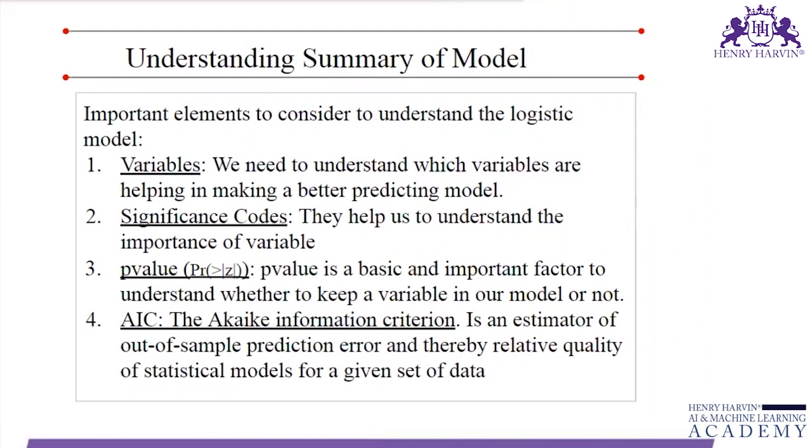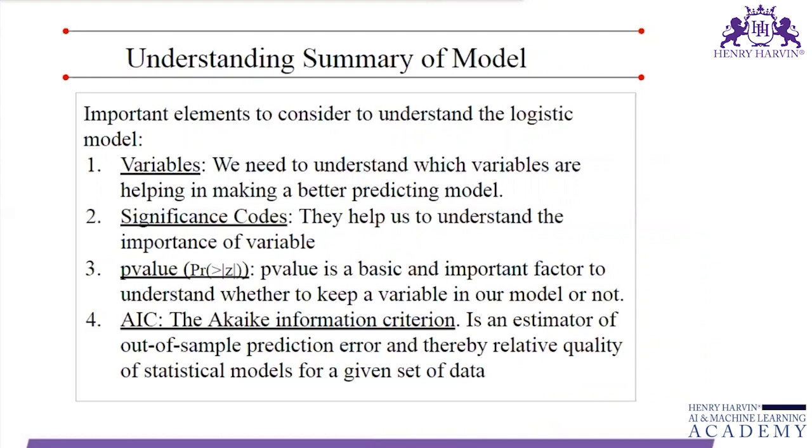They help us understand the importance of variables. As we also discussed in linear regression models, significance codes help us understand which variables are important for the model, or which variables are affecting the predicted value of that model. Next is the p-value. The p-value is a basic and important factor to understand whether the variable is good for our model or not. The p-value should always be less than 0.05 in order for the variable to be kept in the model.